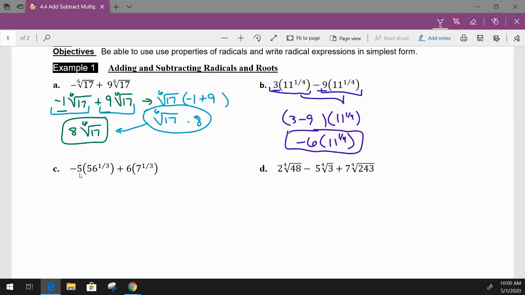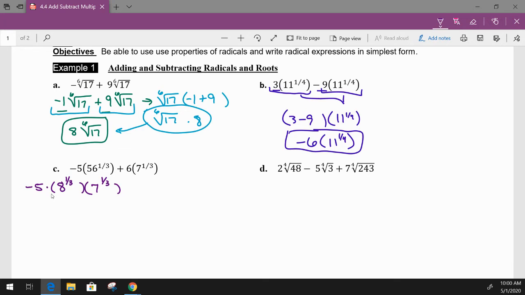So in this first term, the -5 is already a whole number. I'm going to put that on the outside, but I'm going to factor the 56 to the 1/3 power into 8 to the 1/3 power times 7 to the 1/3 power. So if I were to multiply them back together, because they both have the 1/3 power, I would get the 56 to the 1/3 power.